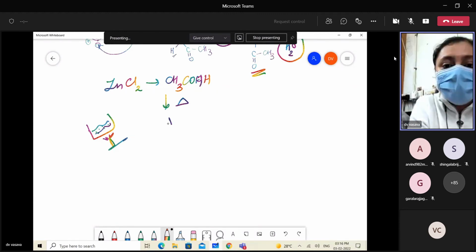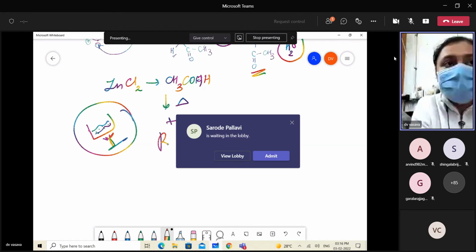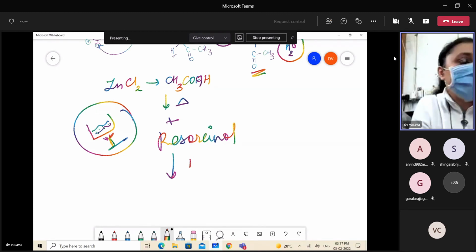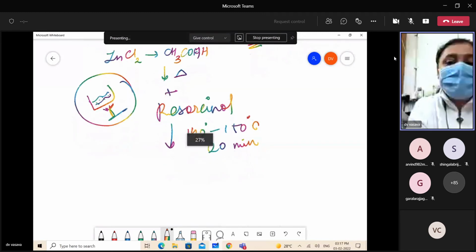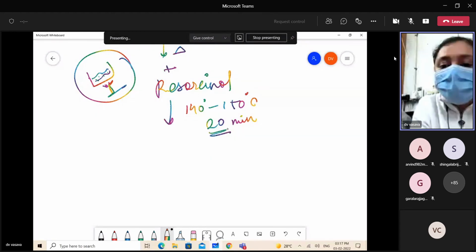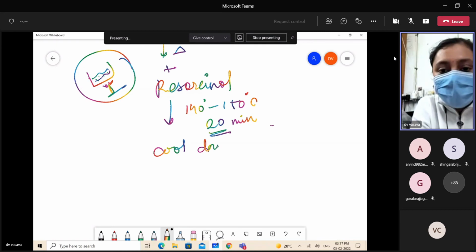And then to this heated mixture, resorcinol is added, and the reaction is kept to heat at 140 to 150 degrees centigrade for 20 minutes. After 20 to 30 minutes of heating, we can let it cool down to room temperature.